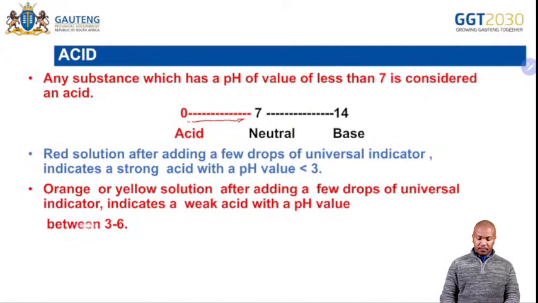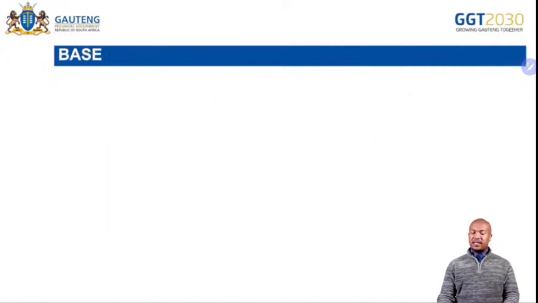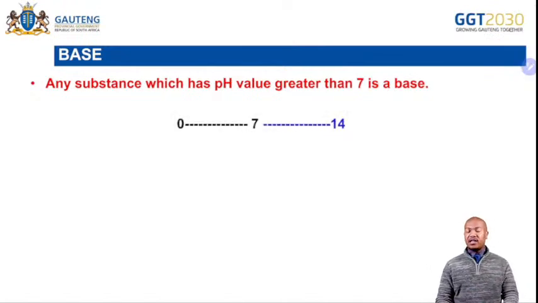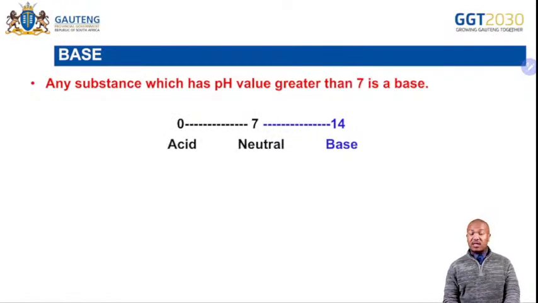So now moving on. For bases, we said a base is any substance which has a pH value greater than 7, right? And therefore we say it is a base. Here is another pH scale here, right? Notice the color change now. I've put blue on this side, right? Indicating what?